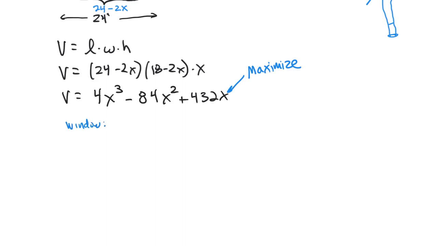Let's have x go from 0 to 10, y go from 0 to 1,000, and I put a tick mark every 100 here.